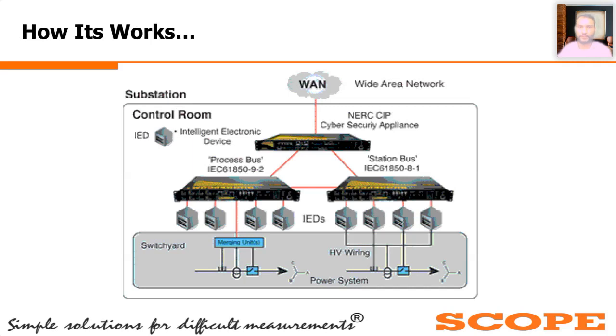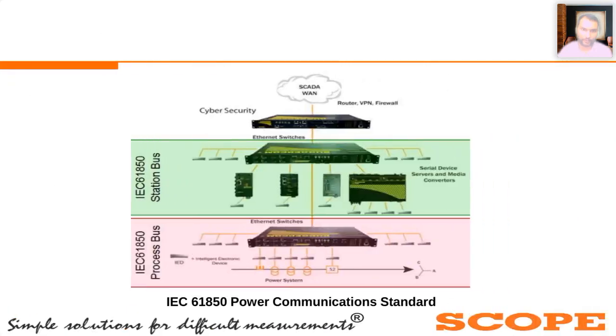You need to monitor all those station parameters like breaker status, controlling those breakers, overcurrent relay status, earth fault relay status, CT input, PT input. For that, the data needs to be transmitted to your SCADA software through these networking devices called switches. So the lower one is called the process bus.